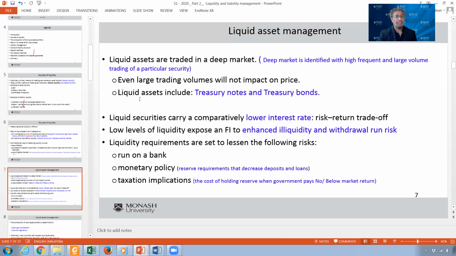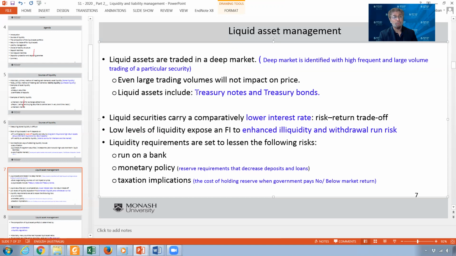Now, liquid assets include treasury notes and treasury bonds. These are government securities with fixed income, and you can transfer them easily to cash, especially if the central bank opens discounting for you when they have an open discount window.